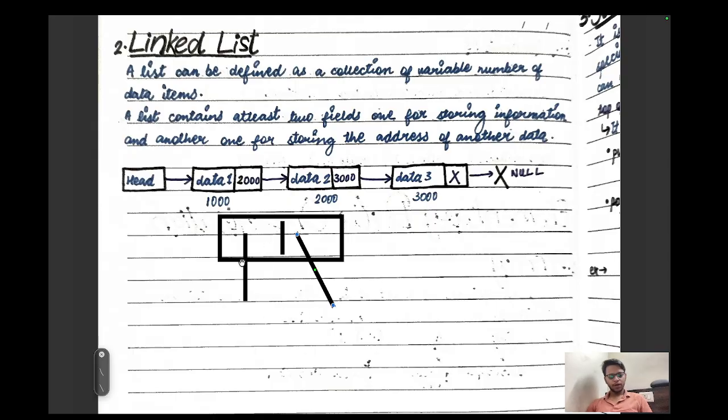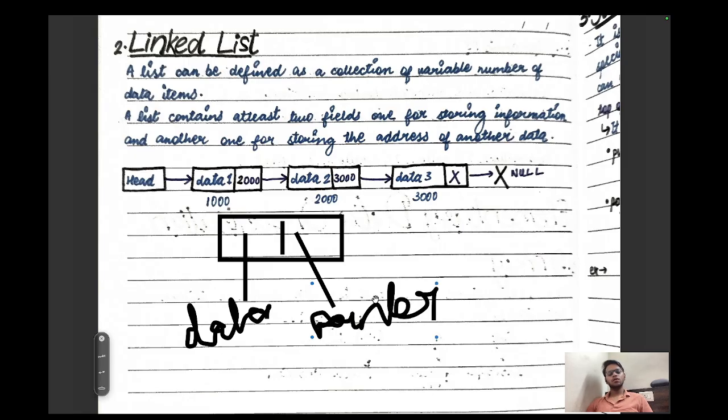So the first part of this stores the data part, where the values will be stored, and this part contains the pointer, which contains the address of the next linked list element. Yeah. So this part contains the address of the next data element in the linked list.